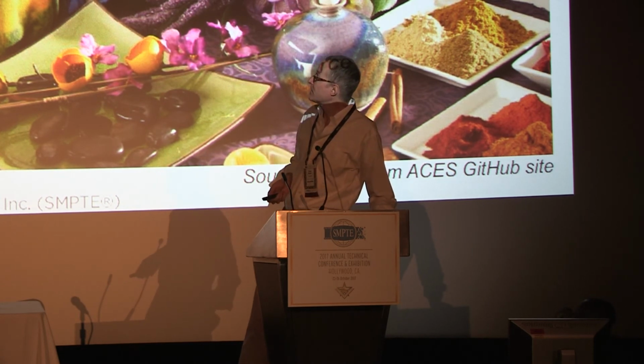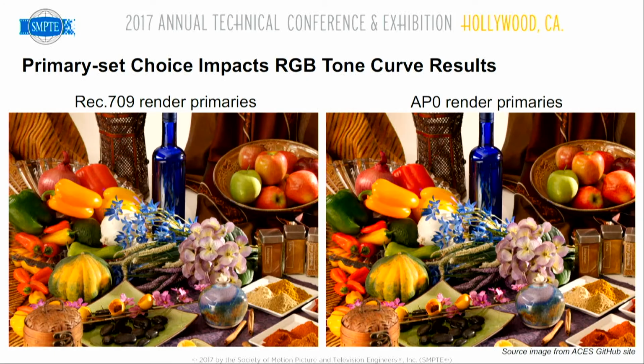And you can see, for example, the orange of the pepper gets more saturated. Well, I should say, I hope you can see. If you look at the PDF, you'll see. The orange gets more saturated. The blues change hue a little bit and get more saturated as well.